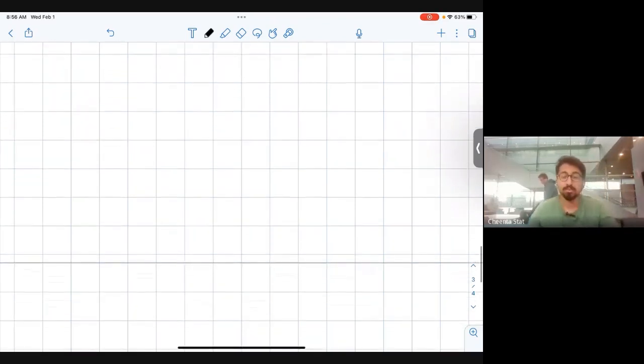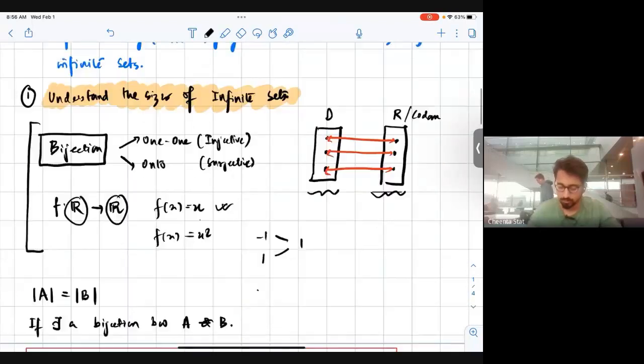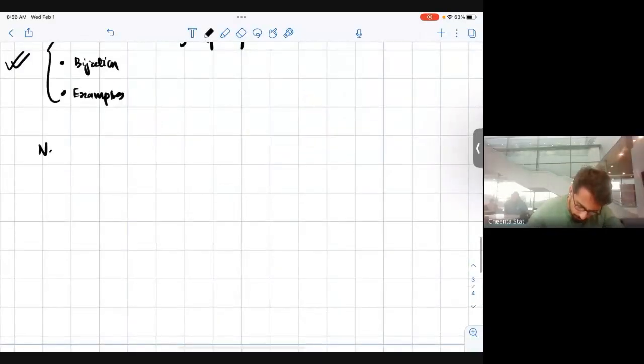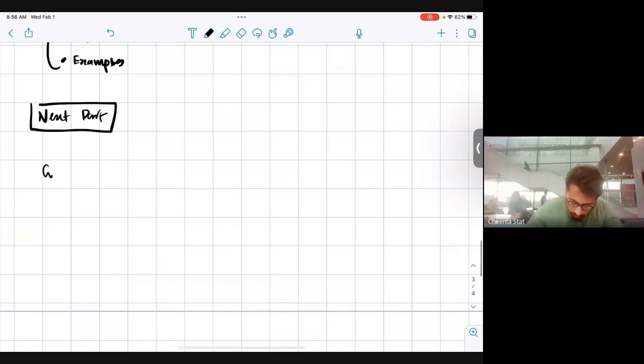Now let's go to the next part. In the next part we will be learning about countable sets. We'll see examples. We'll see uncountable sets too.